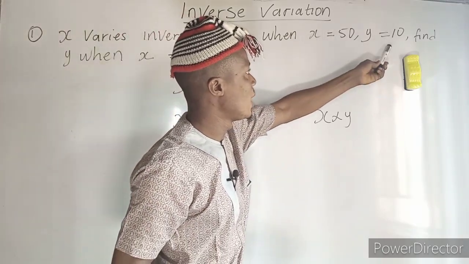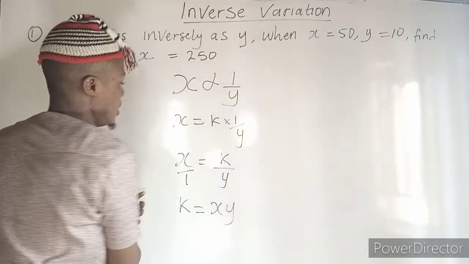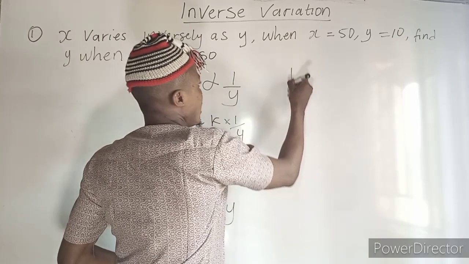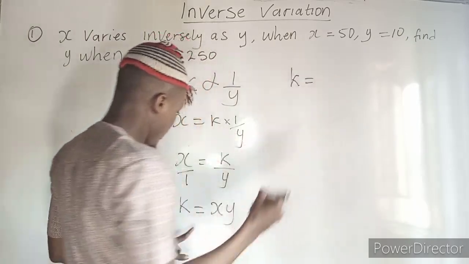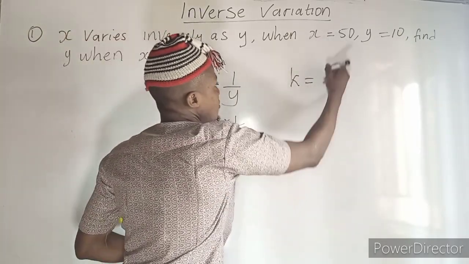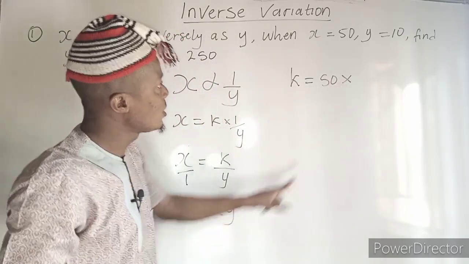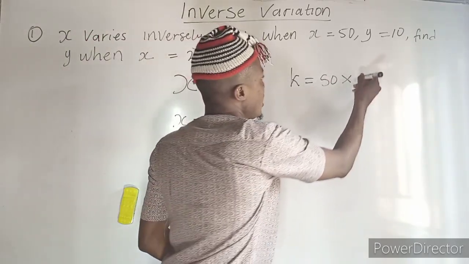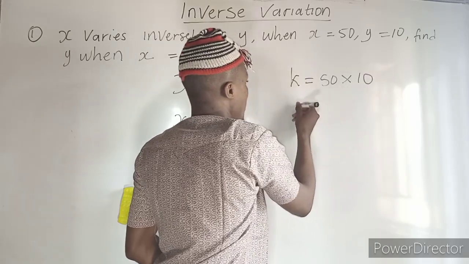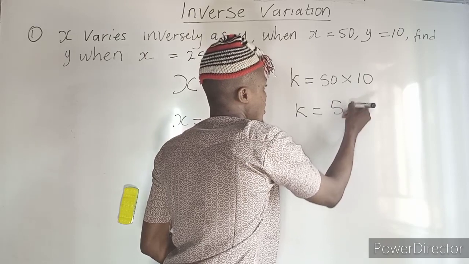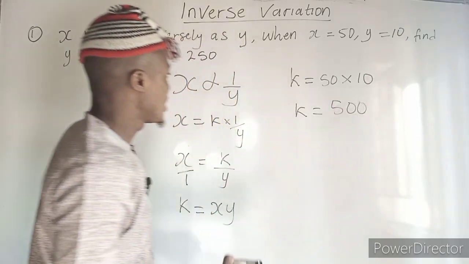What is your y? y is 10. So k is equal to xy. So the same k will now be, seeing x, you plug in 50 for x, so 50 times, seeing y, they say that y is 10, you plug in 10 for y. Now when you multiply out, you see that k is equal to 50 times 10, which will give us 500. This is now our constant.